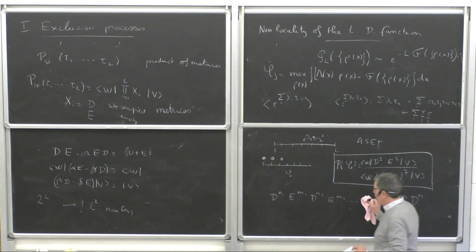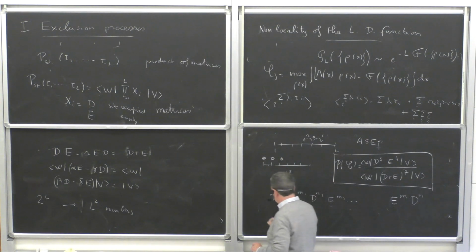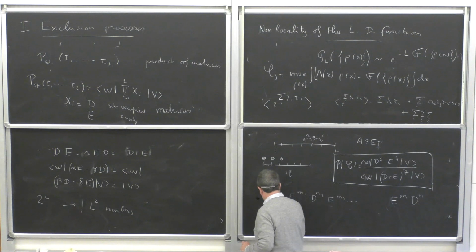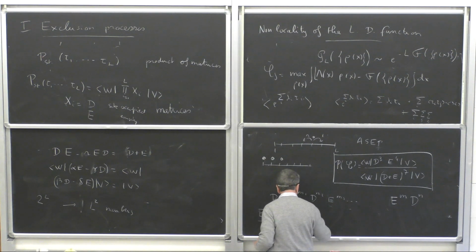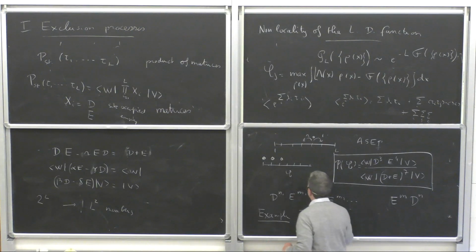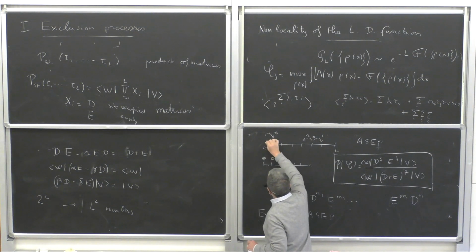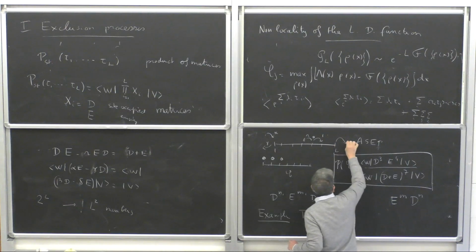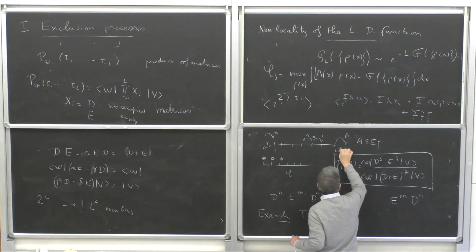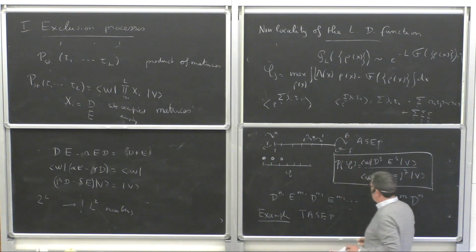Let me just take an example, which would be the TSEP, remember alpha here, gamma there. This is just an example, but you can do it for everything.